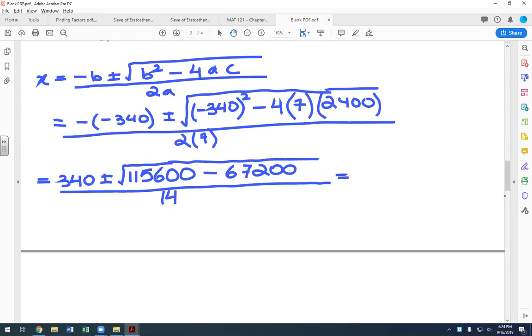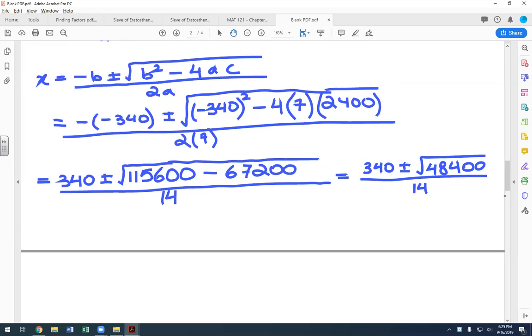Which will give us 340 plus or minus whatever that subtraction comes out to be. And of course, your denominator 2 times 7 will become 14.